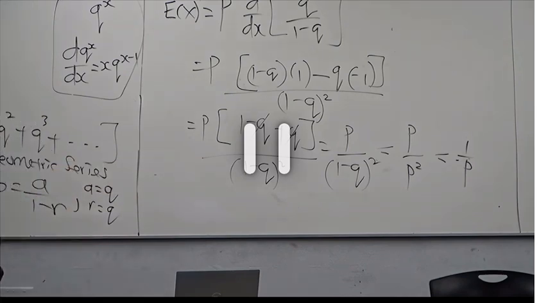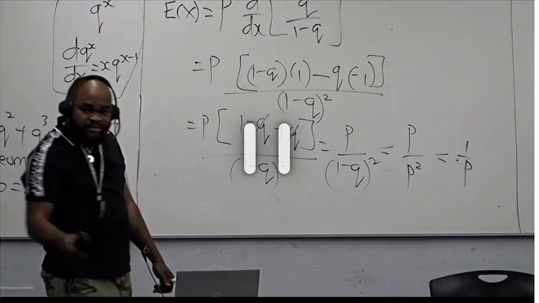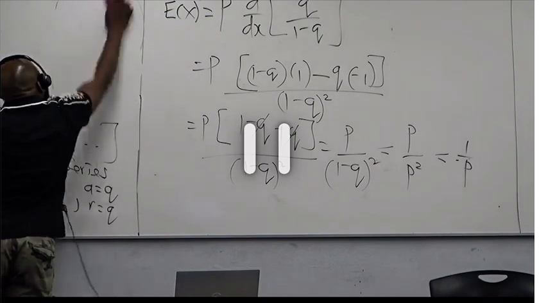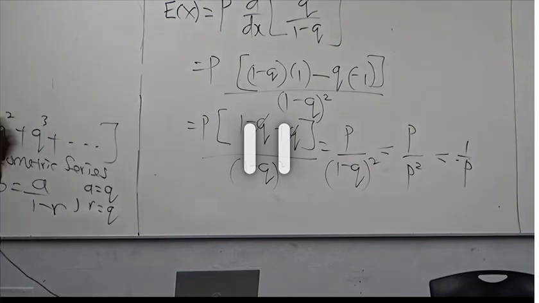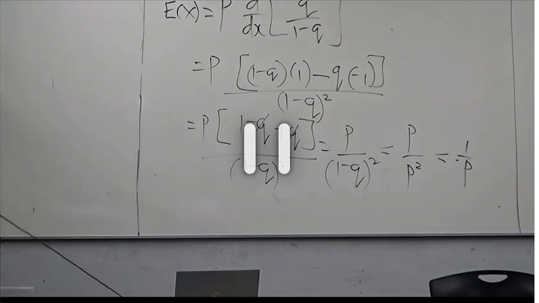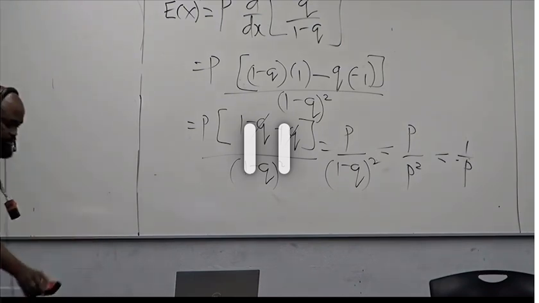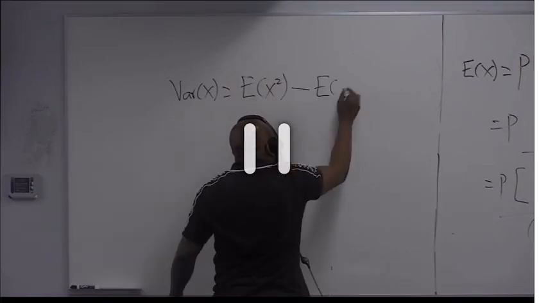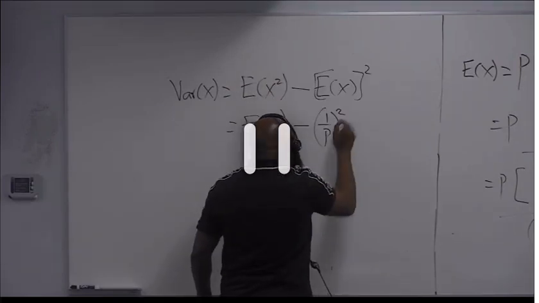Now, I'm going to give you a clue to derive the variance, but I'm not going to finish it because of my time. Please pay attention. If you want to derive the variance, the variance of S is the expected value of S squared minus the expected value of S all squared.